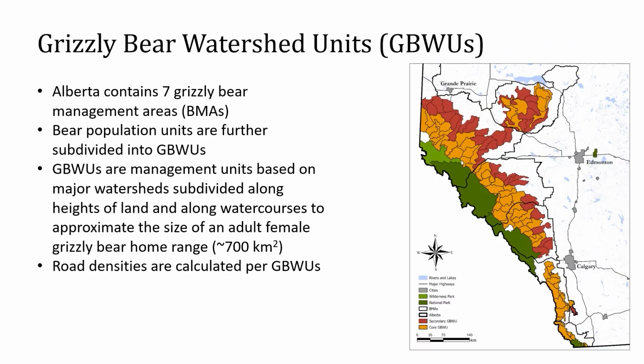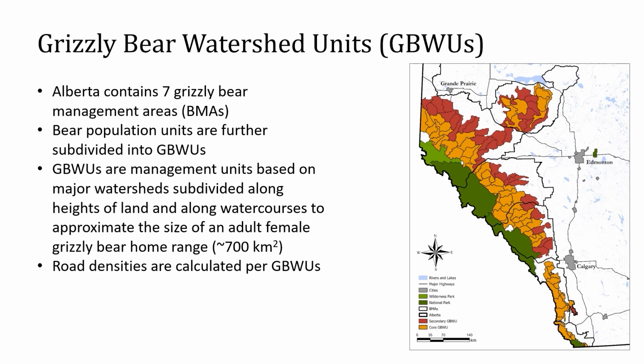So I've already mentioned these grizzly bear watershed units, or GBWUs, but I'll just explain them because we run the tool based on these grizzly bear watershed units. Alberta contains 7 grizzly bear management areas, or BMAs, and these bear population units are further subdivided into grizzly bear watershed units.